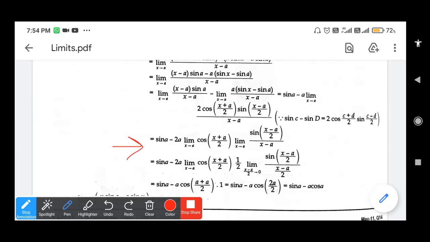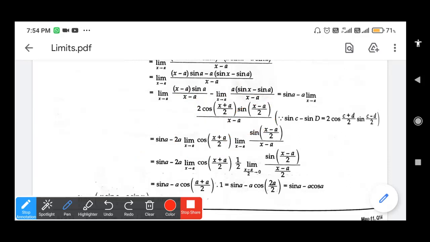Over here, this 2 will get cancelled. x minus a and x minus a will get cancelled, and we will be left with 2 into 2 into a into limit cos of this.